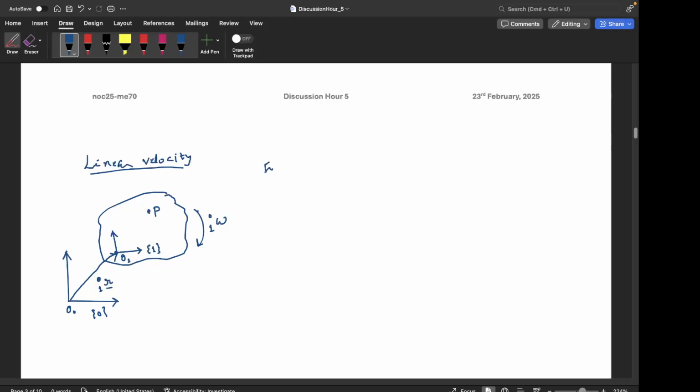So for pure translation, it is very straightforward to write that v of 1 in 0 is basically d by dt of r, so basically r dot 01.